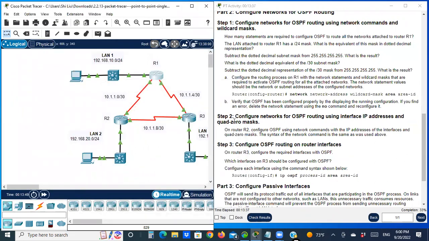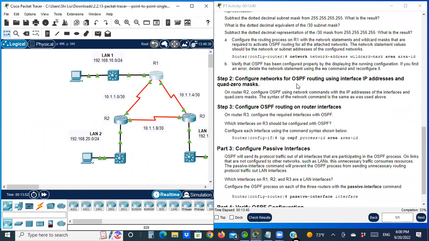Let's keep going to step 2, configure networks for OSPF routing using interface IP addresses and a quad 0 mask. The first one, we used the network address. For the second one, R2, we use the interface IP address with the quad 0. On R2, configure OSPF using network commands with the IP address of the interfaces and quad 0 masks.